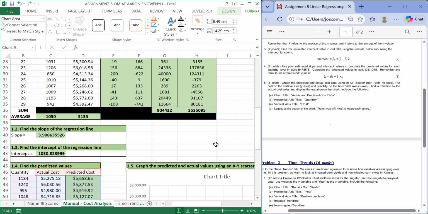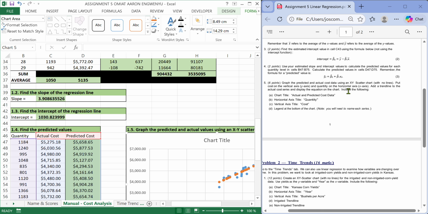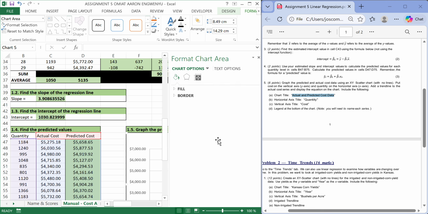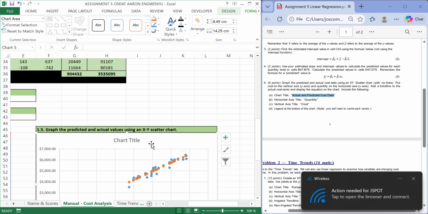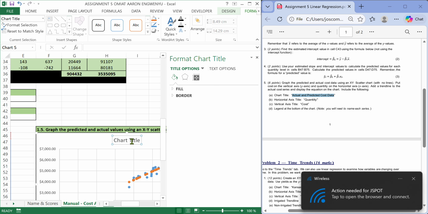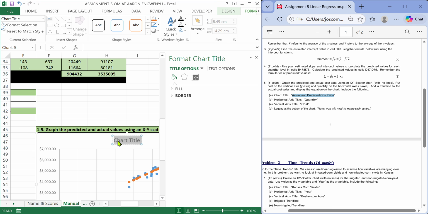To get started with the chart title: actual and predicted costs. There we go. Horizontal axis title.